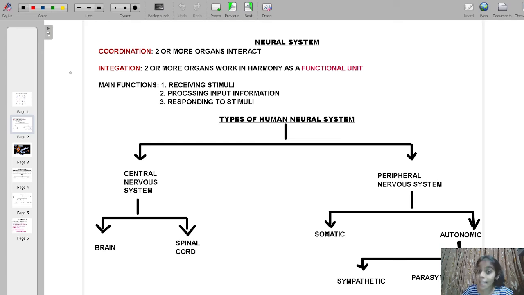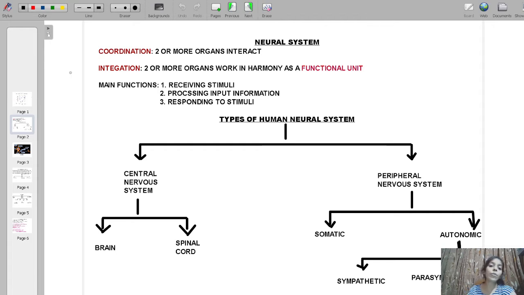So we switch on the AC. Feeling uncomfortable during hot weather and switching on the AC, these two things should have a coordination. That coordination is maintained by the neural system of the body.